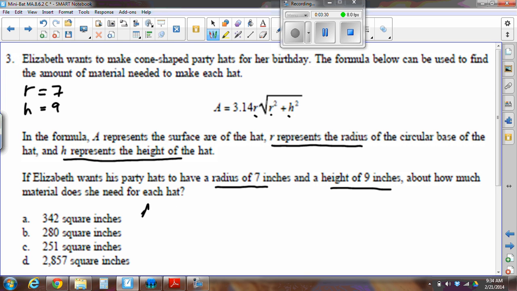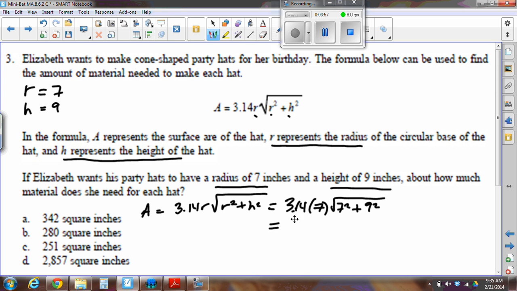My job now is simply to plug it in. So A is 3.14 R, again, write the equation out so that you don't have any mishaps. And so now when I plug in, it'll be 3.14 times R, which is 7, times the square root of 7 squared plus 9 squared.